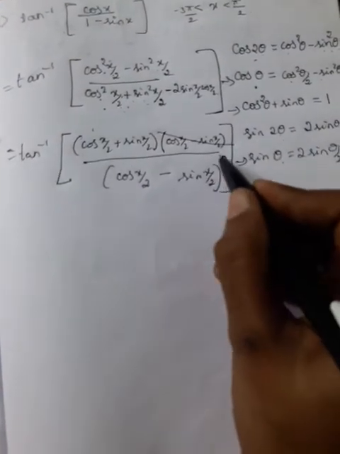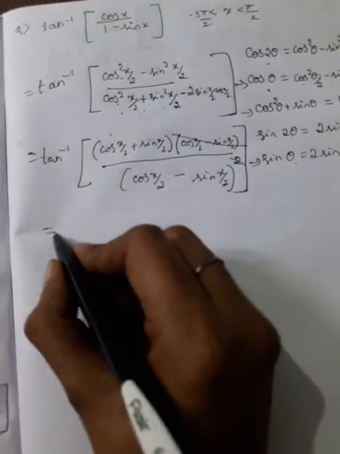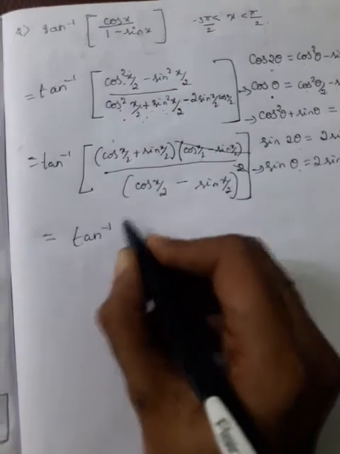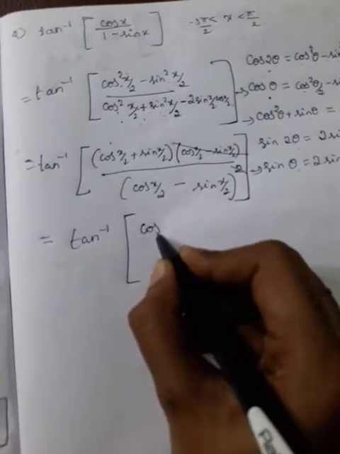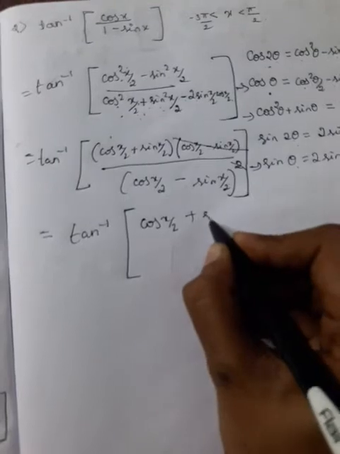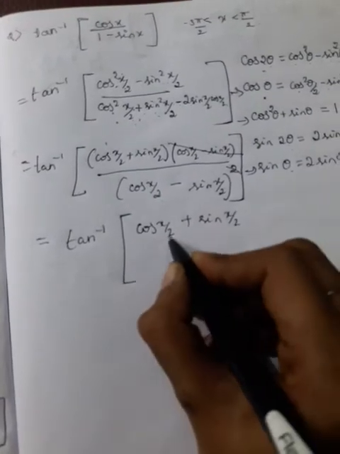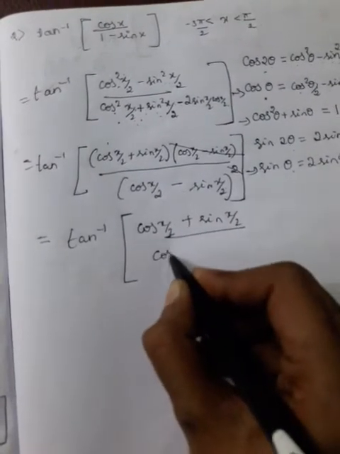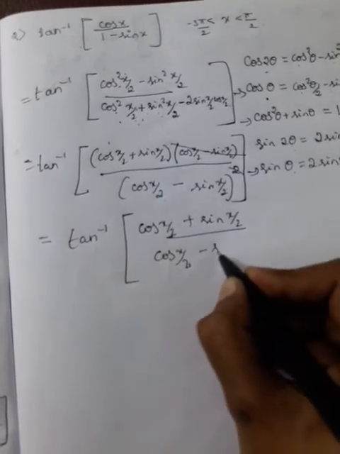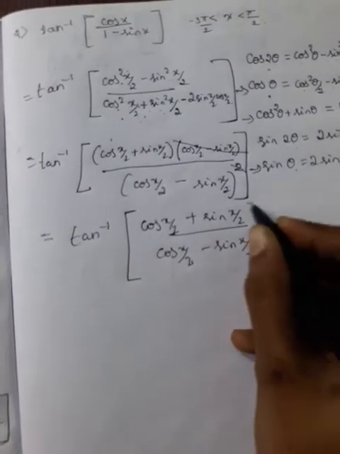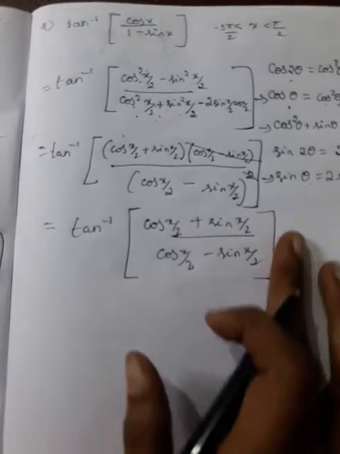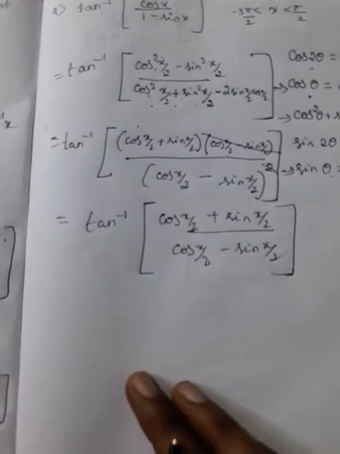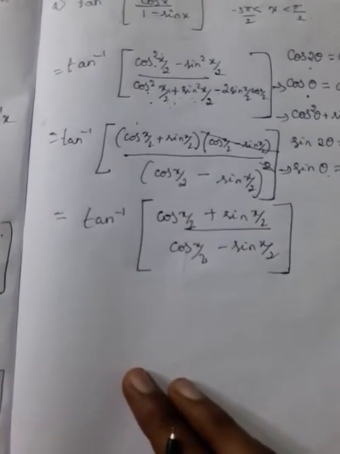One cos x by 2 and one get cancelled. What is left? Tan inverse of cos x by 2 plus sin x by 2 divided by cos x by 2 minus sin x by 2. We don't know any formula based on this, therefore we have to divide the whole by cos x by 2.